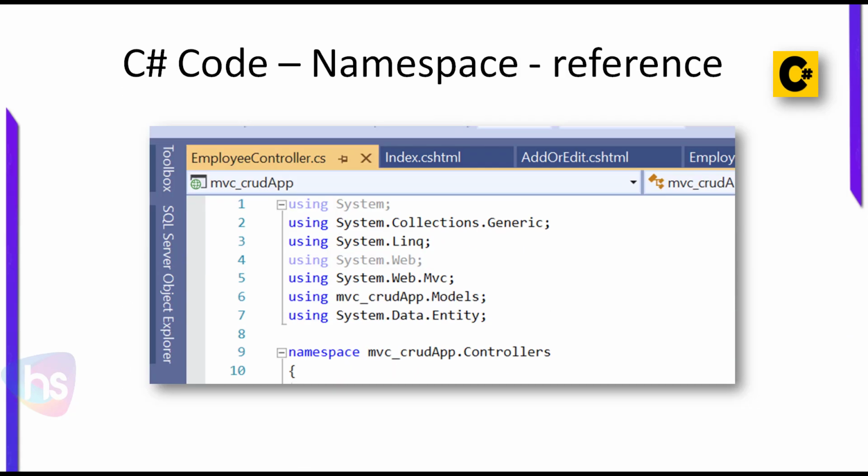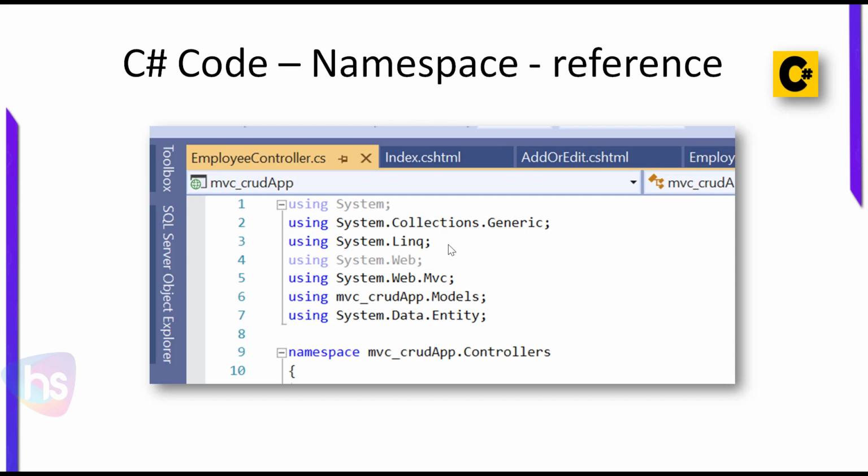So for basic sample namespaces, how are we going to write and integrate them into our C# program? Using the keyword using, using System. It's one of the namespaces. All the system components interact and are integrated here, all the classes, using System.Collections.Generic, using System.Linq, with a semicolon terminating every line.